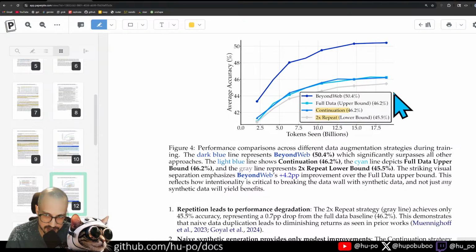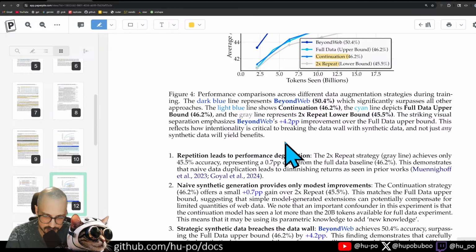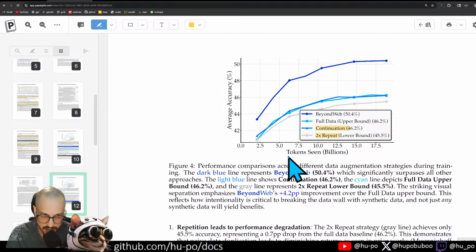The 2x repeat is basically just like you take a small amount of the data and then do multiple epochs through that data, right? Which is kind of what we do in general. For large pre-training runs, I don't think they do very many epochs, but for most of machine learning, especially other modalities, you see a lot of epochs. So 2x repeat is basically just go twice through that data.